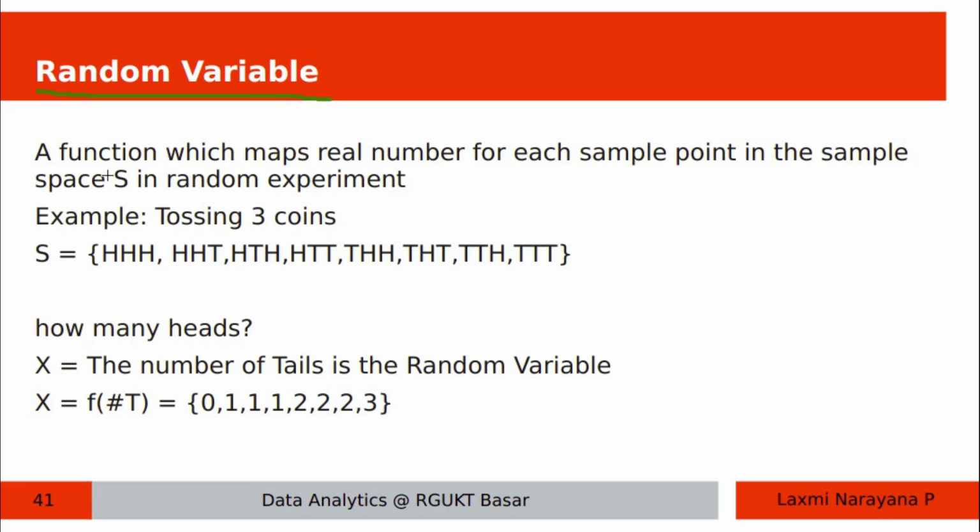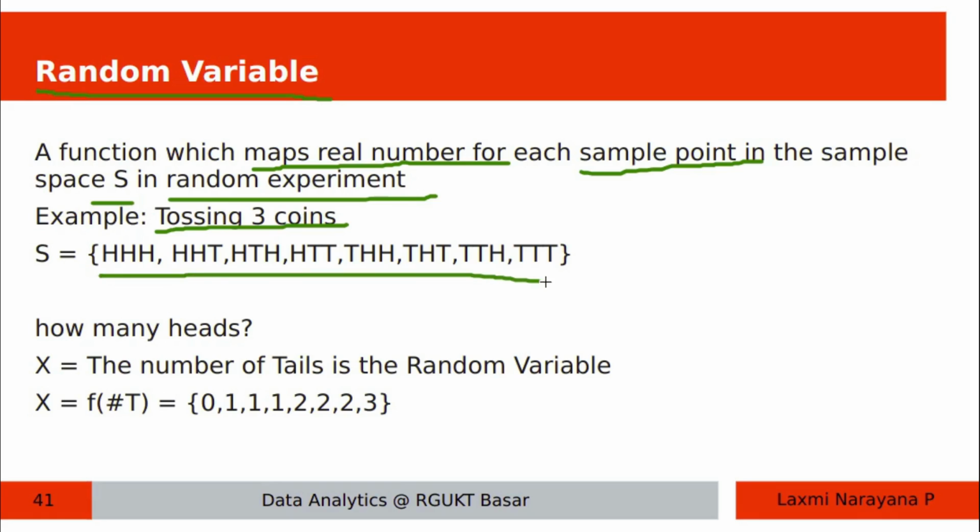Let's go through quickly. A random variable is a function which maps a real number to each sample point in the sample space S of a random experiment. Example, tossing 3 coins. The sample space will be this one: 3 heads, 2 heads and 1 tail, 1 head, tail and another head. Like this you have your entire sample space if you toss the 3 coins.